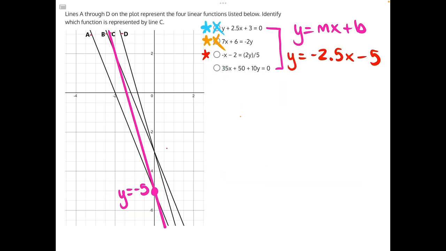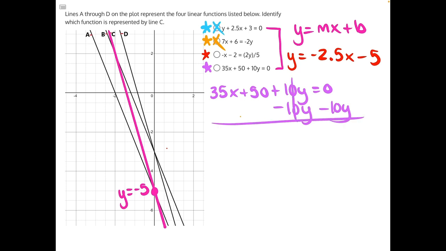Here I have rewritten answer choice C off to the side so we remember it and we can compare it to answer choice D. Answer choice D says 35x plus 50 plus 10y is equal to 0. To isolate y, let's subtract 10y from both sides.